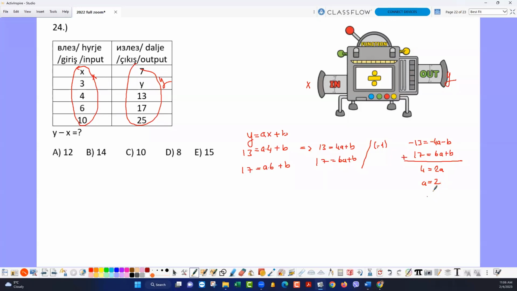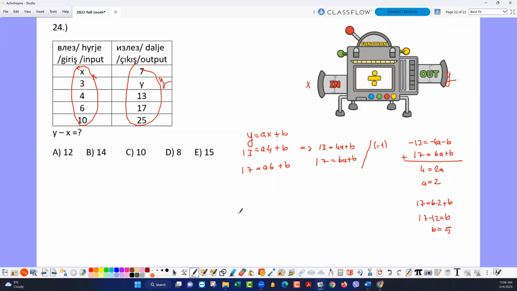If I choose a equal to 2, 17 is equal to 6 times 2 plus b, it's going to be 12. 17 minus 12 is equal to b, so b is equal to 5.